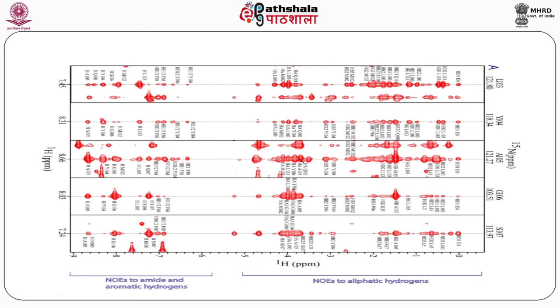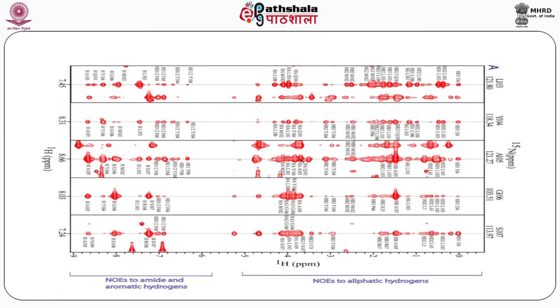Below the residue number, you have the nitrogen chemical shifts where these peaks were taken, and then right at the bottom on the left side, you have the proton chemical shifts. So, basically what you see, and there are various labels on the peaks, is that there will be a strong peak at the bottom which will be the HN of that particular residue, and that would be the diagonal peak.